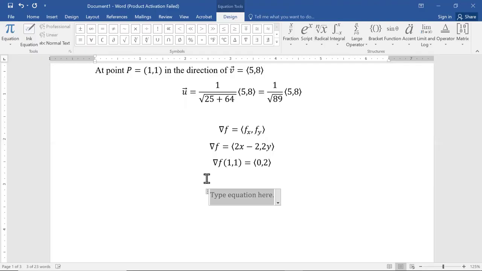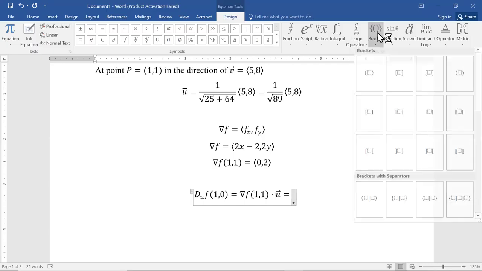I can take my directional derivative in the direction of u at 1, 1. That's going to be my gradient dot producted with my vector u. But specifically, in this case, the gradient at the point 1, 1 dot producted with the vector u.